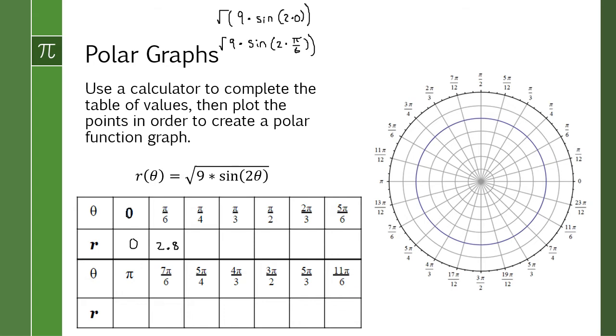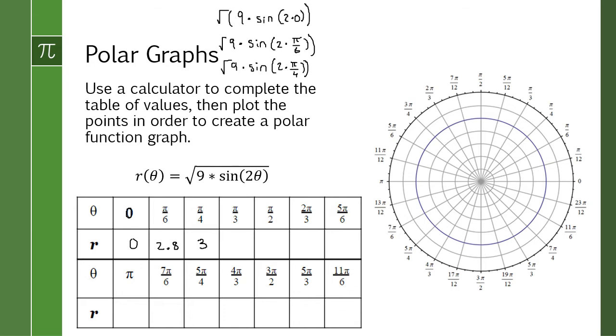The next angle is pi over 4, so I would do the square root of 9 times the sine of 2 theta becomes 2 times pi over 4. When I plug that into the calculator, I get 3 even. So at an angle of pi over 4, my radius is going to be exactly 3.